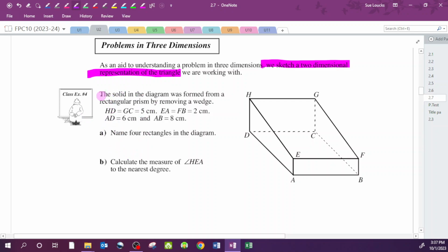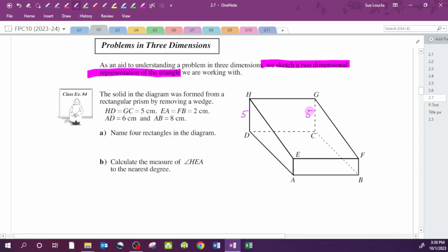All right, so the first thing it says, we've got a solid. The solid was formed from a rectangular prism. Now, a rectangular prism is just a box. We removed a wedge from it, and we were left with HD, so that's this side, equals HC, and those are both 5. I'm going to label those.